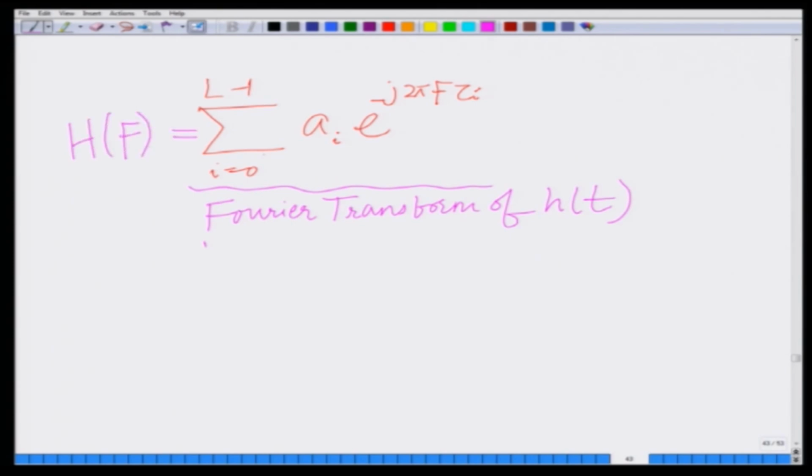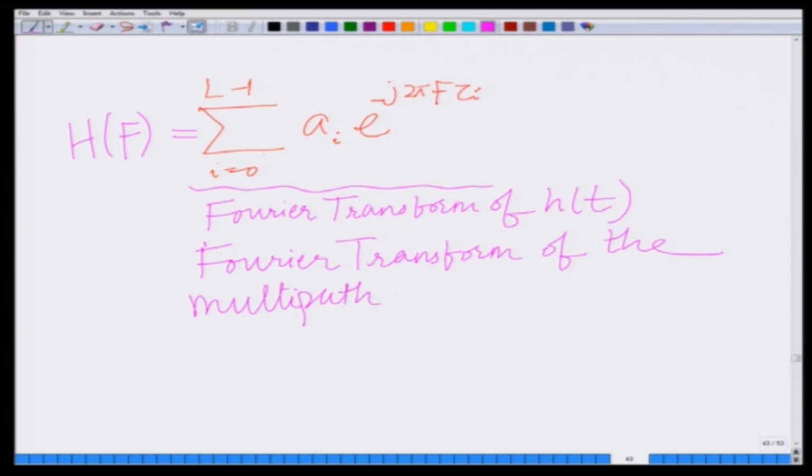This is the Fourier transform of h of t, or the Fourier transform of the multipath channel response.